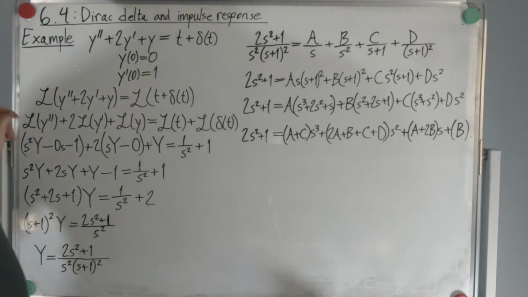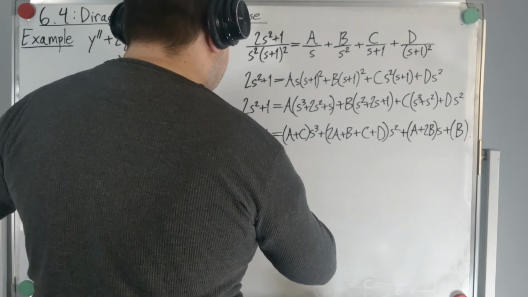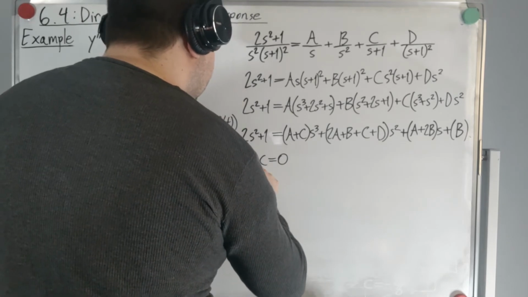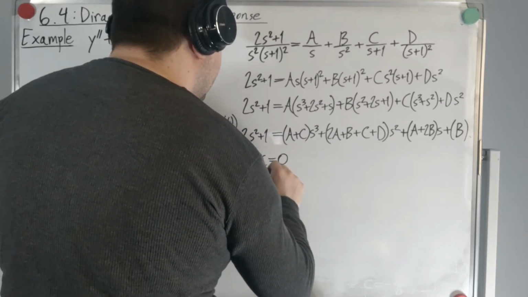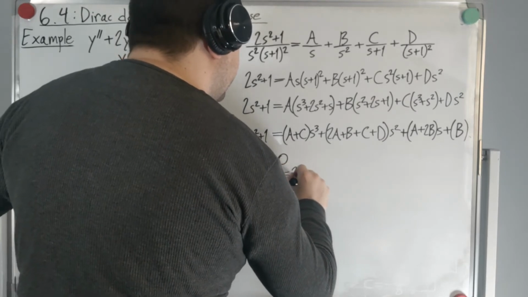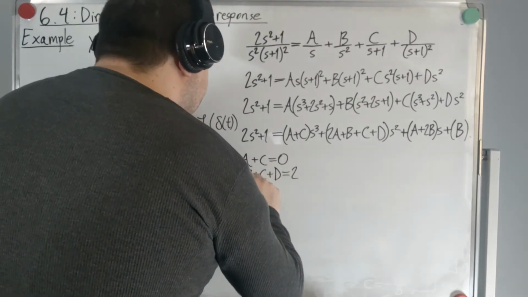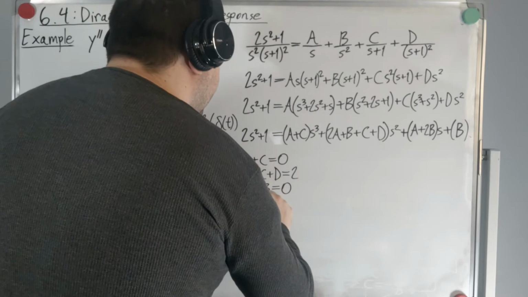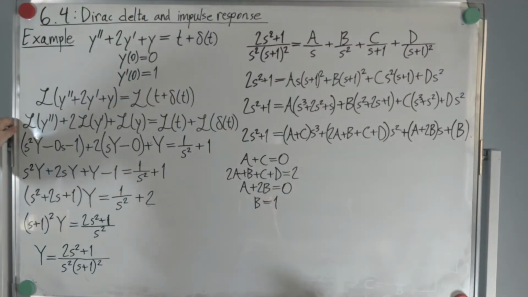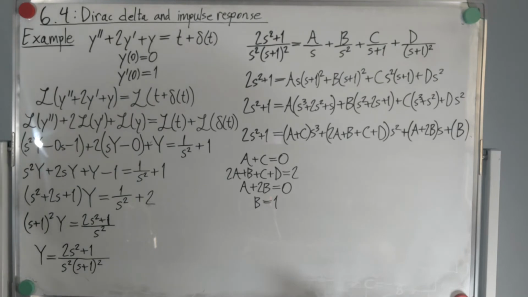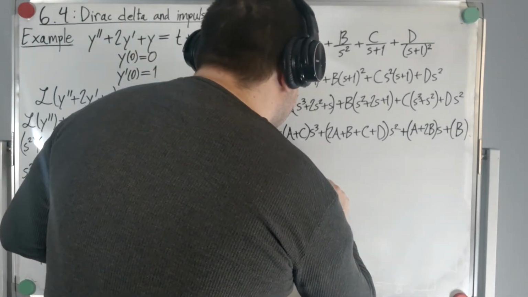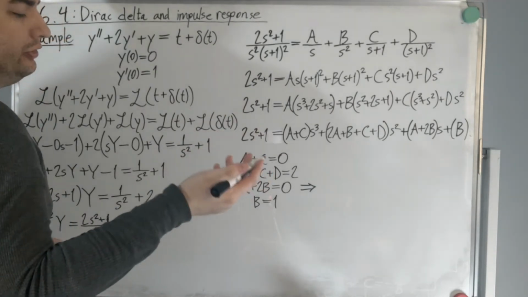Alright, so this gives us a system of equations that we can solve for A, B, C, and D. A plus C equals 0. 2A plus B plus C plus D equals 2. A plus 2B equals 0. And B equals 1. Okay, that's not impossible to solve. B is 1, so therefore the third equation becomes A plus 2 equals 0.